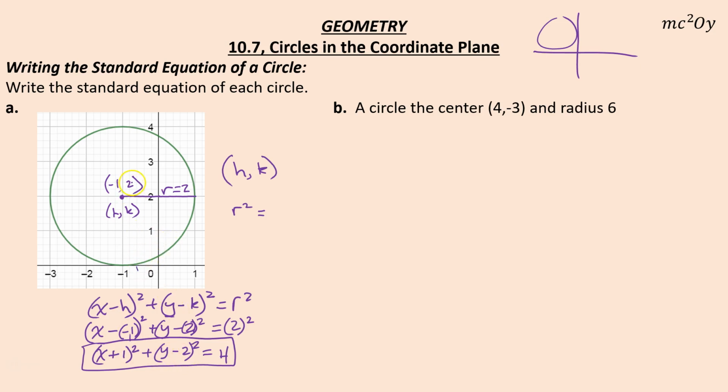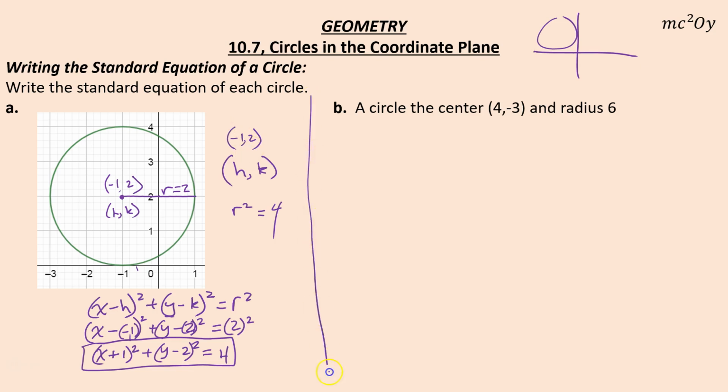So going up is minus for y, and going to the left is plus for x. It's kind of counterintuitive. Going up is minus on the y, going down is plus on the y. Going right is minus on the x, going left is plus on the x. Just something to note. So r squared here was 4, and (h, k) was (negative 1, 2).